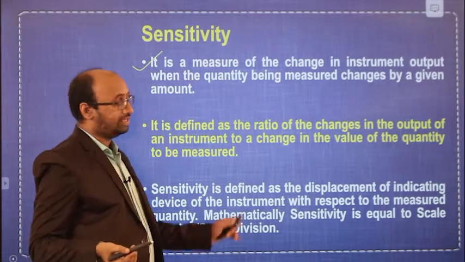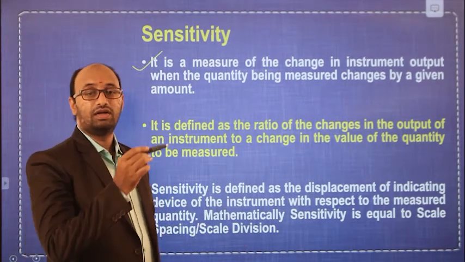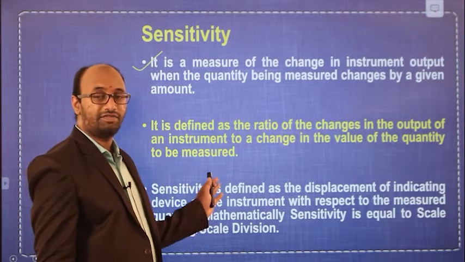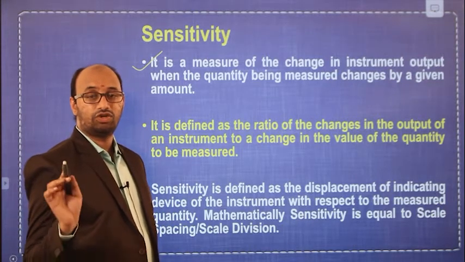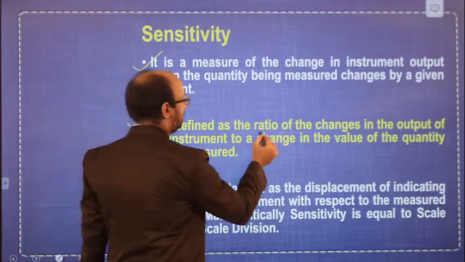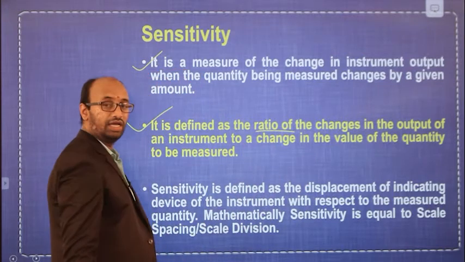It is defined as a measure of the change in output when the input quantity being measured changes by a given amount. It can also be defined as the ratio of change in output by change in input quantity.